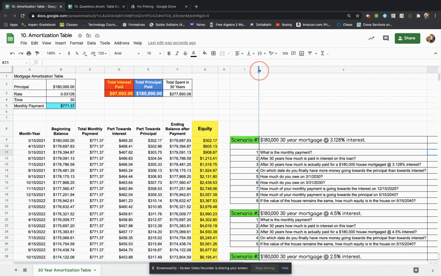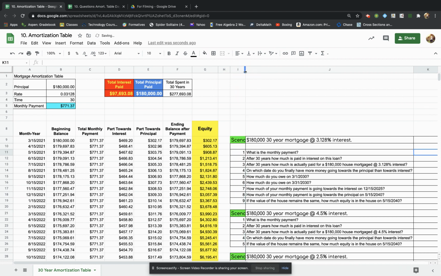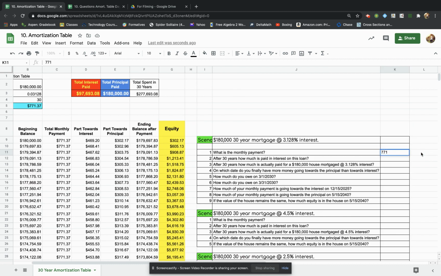So I'm going to shorten up cell I so that I can see cell K. And for what is the monthly payment, I'm going to type in 771.37. Make it money if you want. And if you want to shorten up that column, you can shorten that up too so you can see a little bit more of everything.